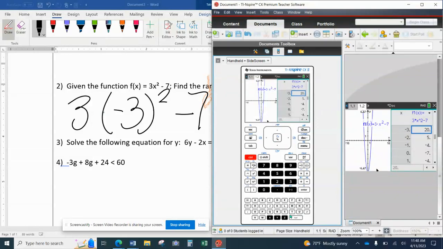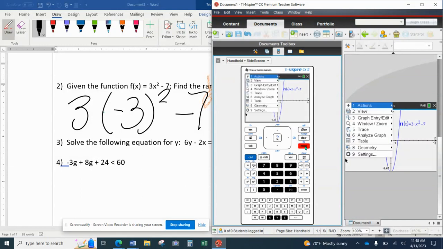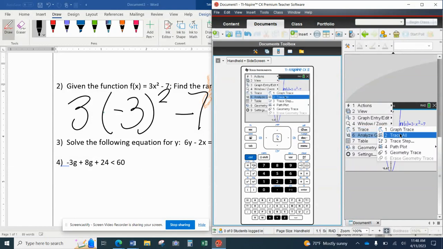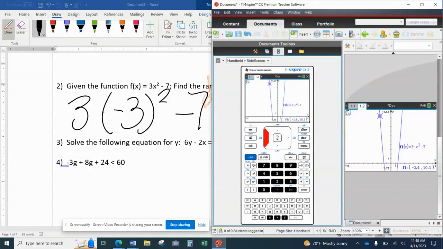Can you think of another way we can use the Inspire to figure out the answer? Okay. The next way is graph and trace. So I'm going to hit menu, trace, graph trace, and I'm looking down here in the bottom right hand corner, and I'm going to keep moving my arrow to the left until I get to -3 in my x value, and there it is.